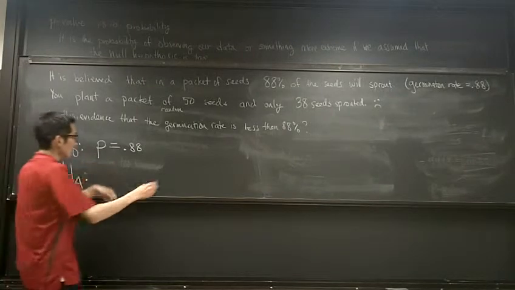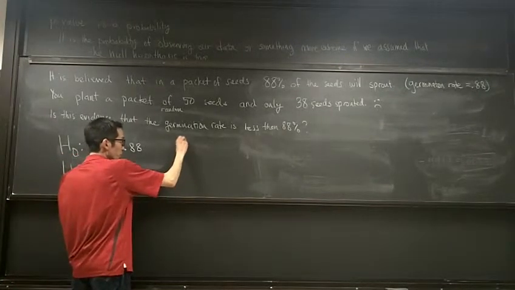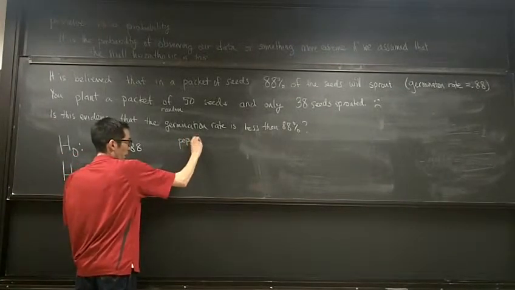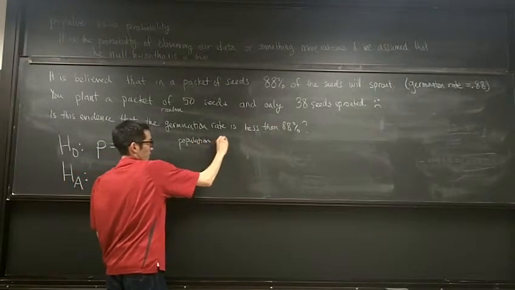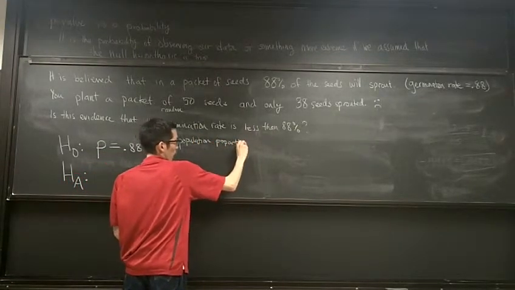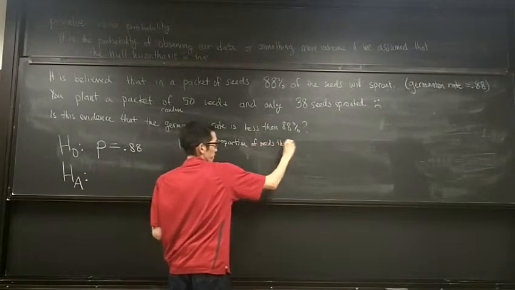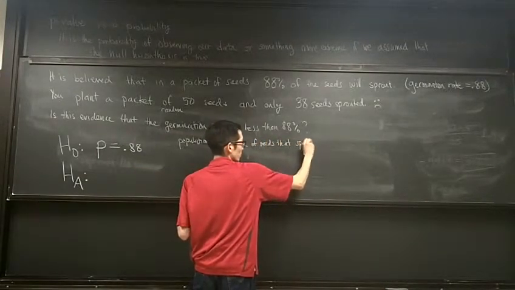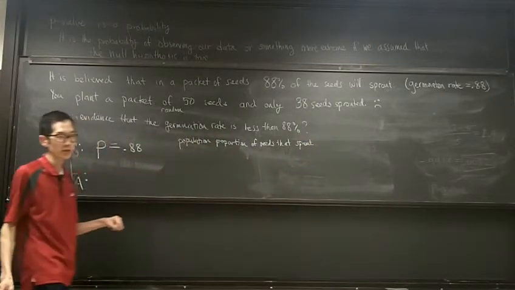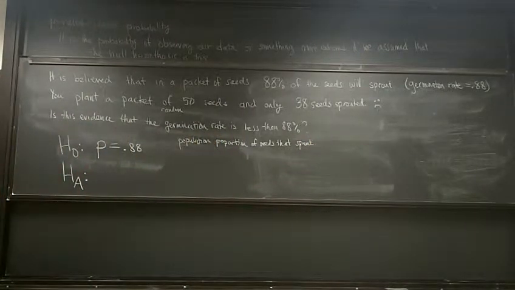So this is the population proportion of seeds that sprout. You planted your seeds and less than 88% sprouted, right?